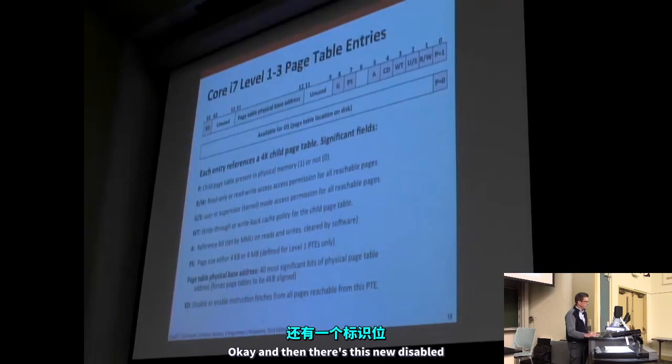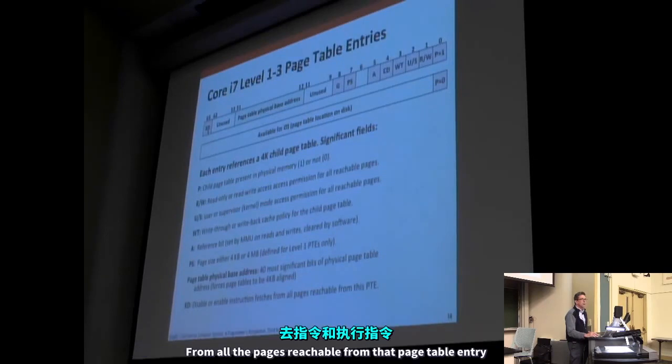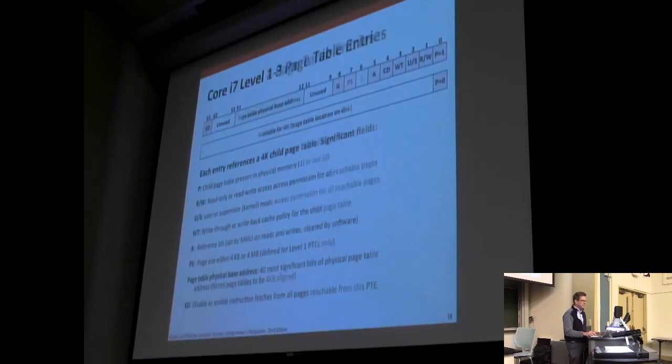And then there's this new XD bit, which allows you to disable or enable execution from all the pages reachable from that page table entry. This is how modern systems protect the stack from code injection attacks.